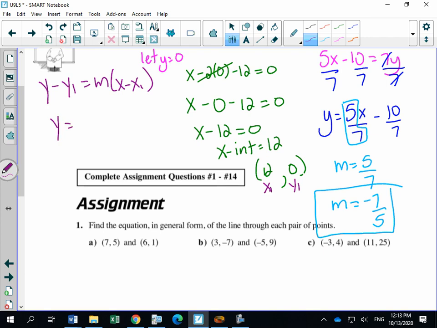No, you would not lose a mark. Nope. So y is equal to the slope, which is negative 7 over 5, x minus 12. Okay, from here, let's distribute this in. And I'm just going to get rid of something.